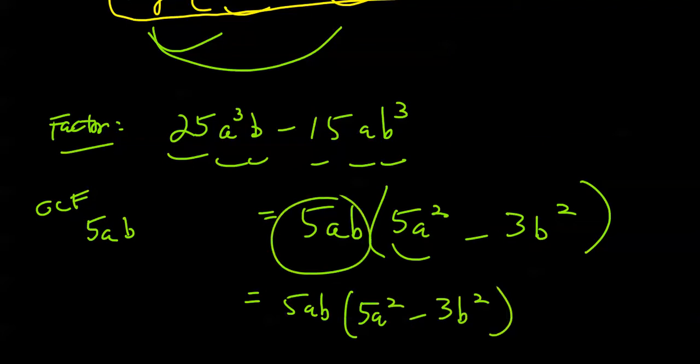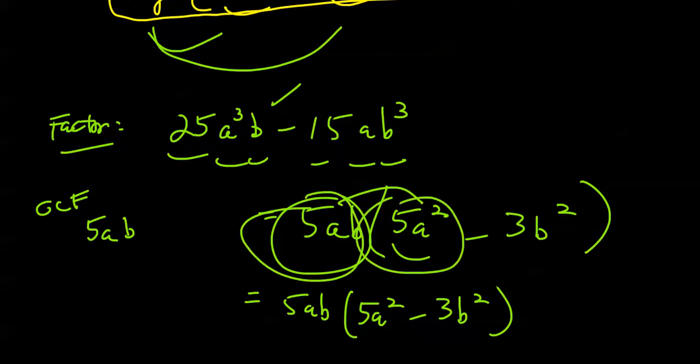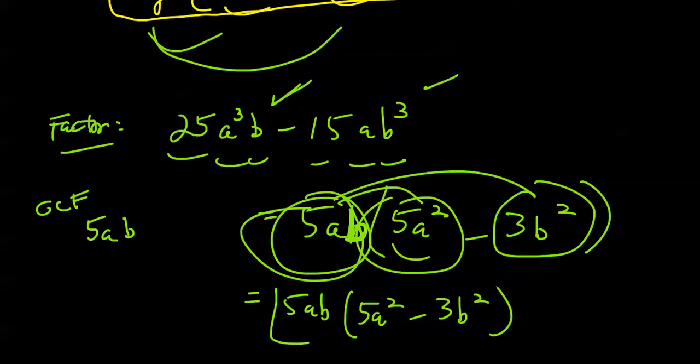Again, we can always check our answer. 5ab times 5a squared will be 25a cubed b, so that checks. Similarly, 5ab times 3b squared, there's a b in here by the way, is going to be 15ab cubed, so that checks out too. So there's my final answer, a factored product, right?